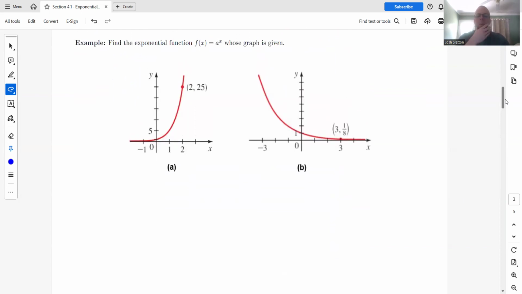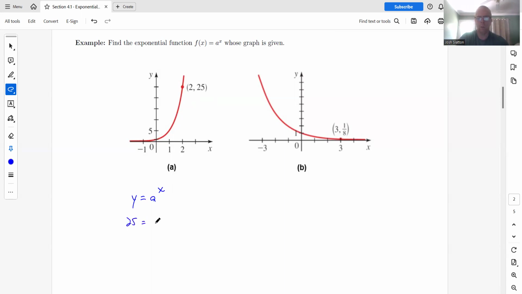All right, so in this first example, we're going to find the equation of these graphs. We have 2 points here: (0, 1) and (2, 25). That's really all we need. We know that y equals a to the x, and when x is 2, y is 25.